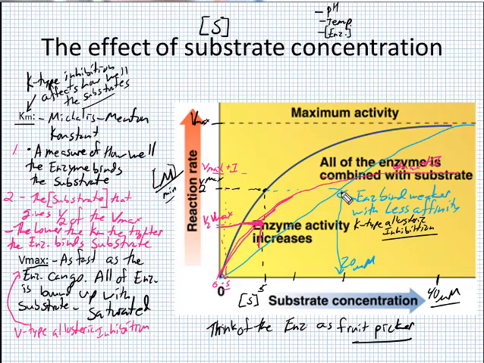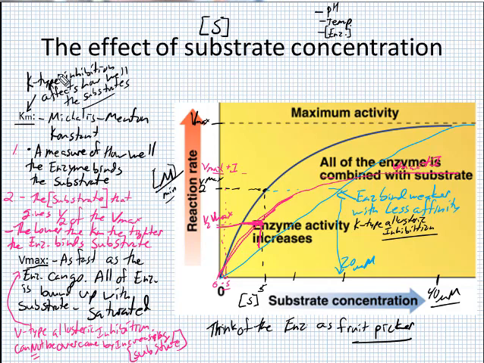The thing about V-type is it doesn't matter if you add more substrate. You're never going to be able to overcome this inhibition because you're never going to get up to the maximal velocity. So this V-type inhibition cannot be overcome by increasing substrate concentration.